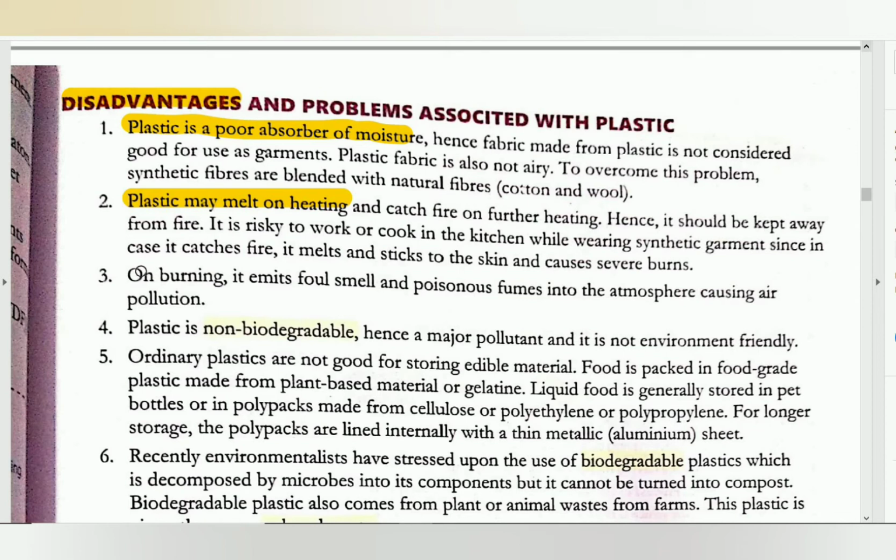Alright, and plastic emits a foul smell when it burns. Even it can produce poisonous fumes. Plastic is non-biodegradable, hence is a major pollutant. Alright, plastics are not good for storing edible materials.